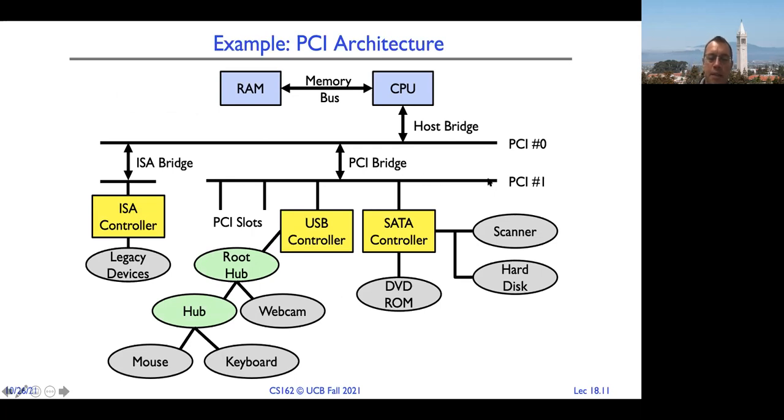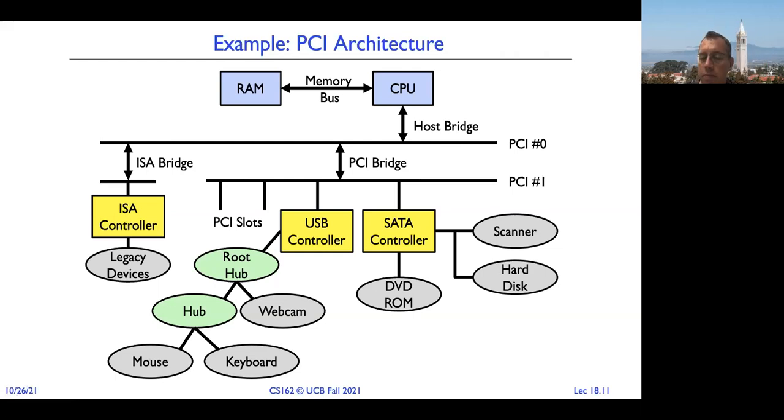This PCI bus is typically a little bit slower, and it connects the storage devices, for instance, a scanner, and also the webcam, mouse, and keyboard. And then you have another bridge here from PCI to ISA. ISA is an older bus standard.